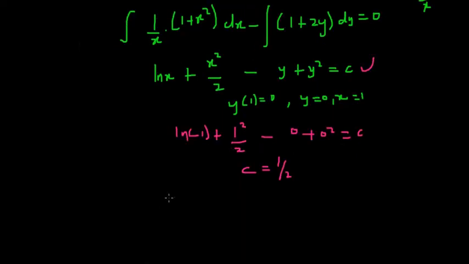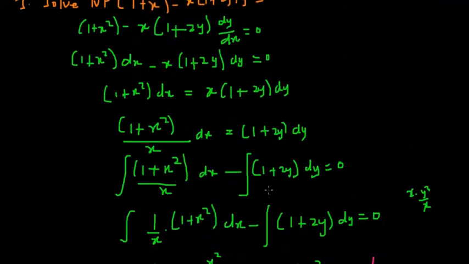So we have ln of x plus x squared on 2, minus y plus y squared equals 1 on 2. So this is your entire expression.